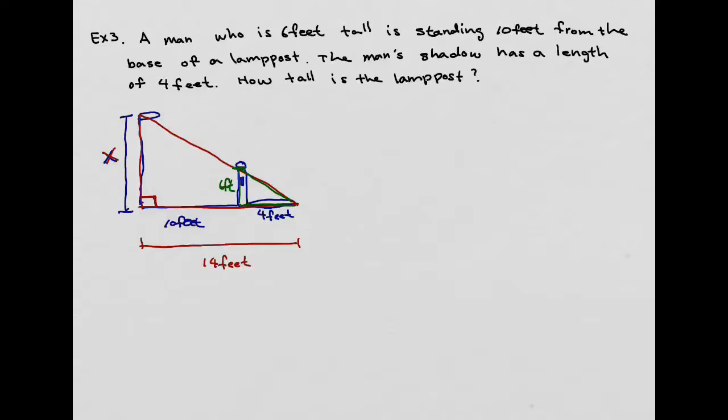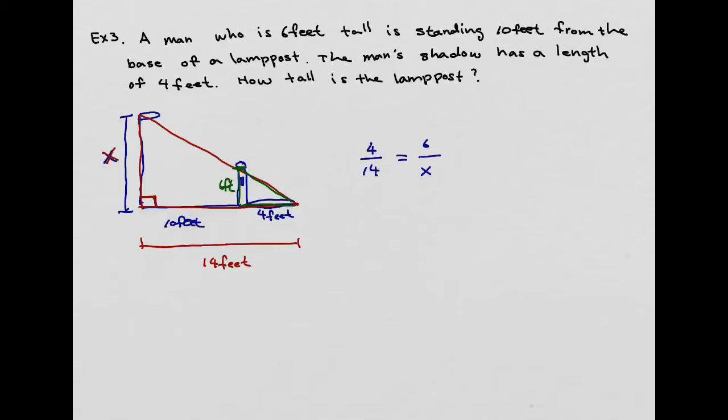So if we wanted to write the proportion, the 4 feet should match 14 feet. So 4 comes from 14. The height, x unknown, should be proportional to the height of the person. And since the numerator of the first fraction comes from the smaller triangle, the person, I will write 6 feet on the numerator and x on the denominator.